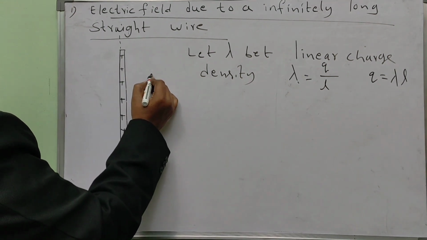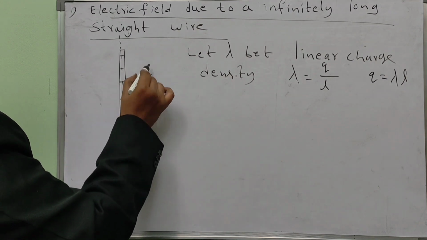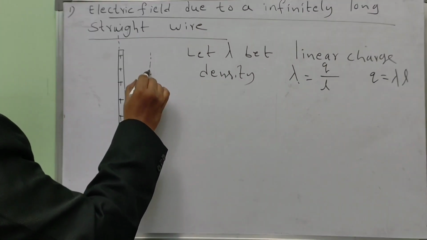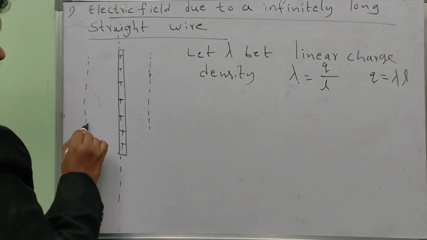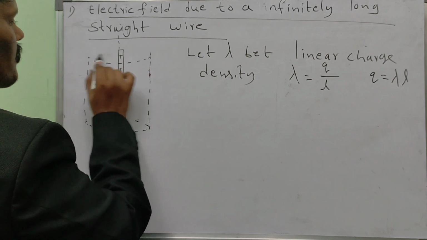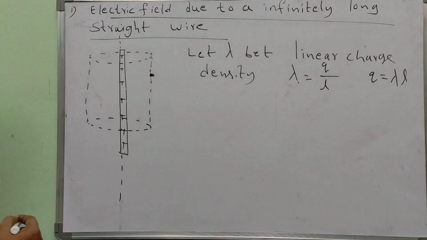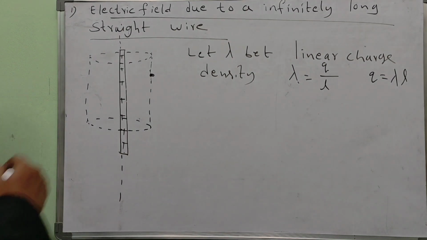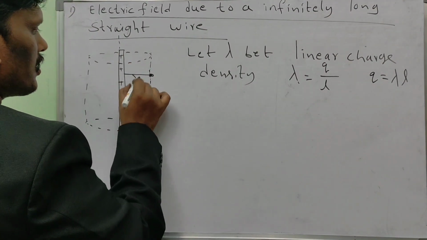Suppose I need to calculate the electric field at this point, so I consider a Gaussian surface passing through this point like this. How to calculate? Let us see. The distance of the point from the linear charge is r.